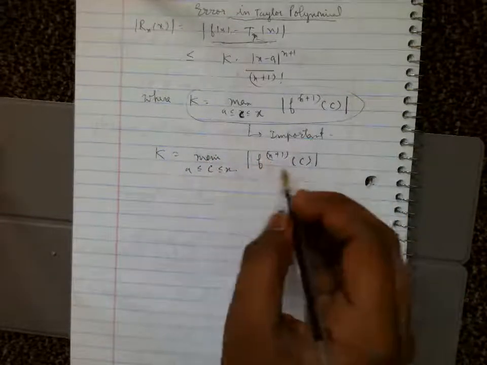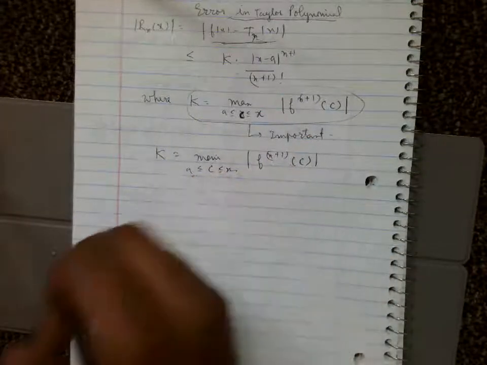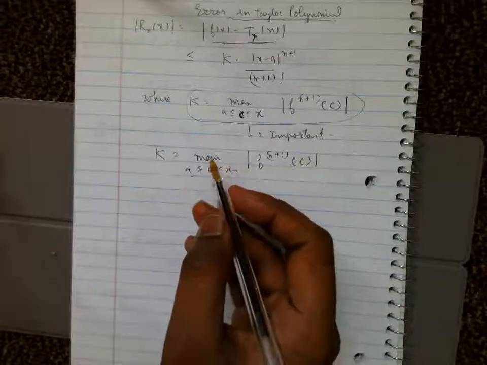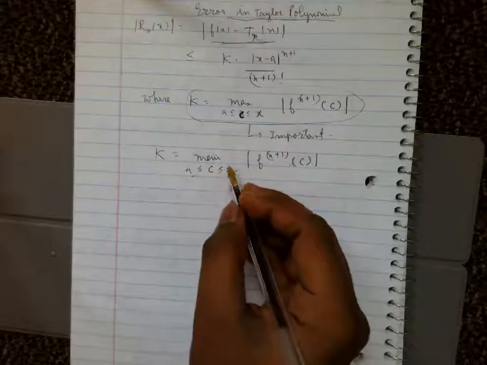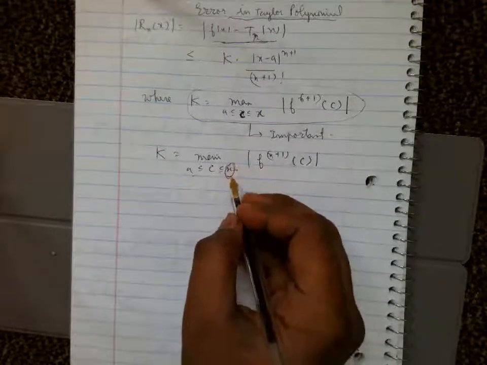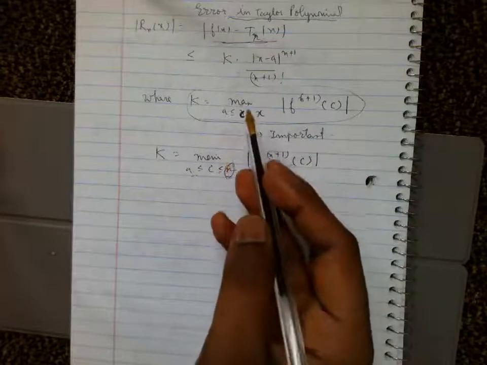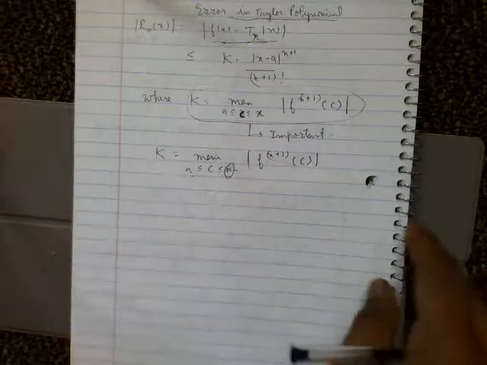So this is the maximum value of the n plus 1 derivative in the interval a to x. If the n plus 1 derivative is increasing, then the maximum is attained at the point x, and so on. So this is the error term, and we'll need it in some problems.